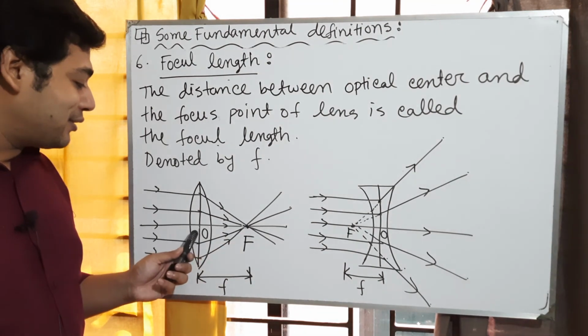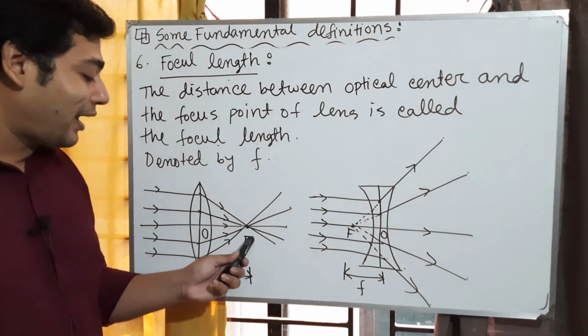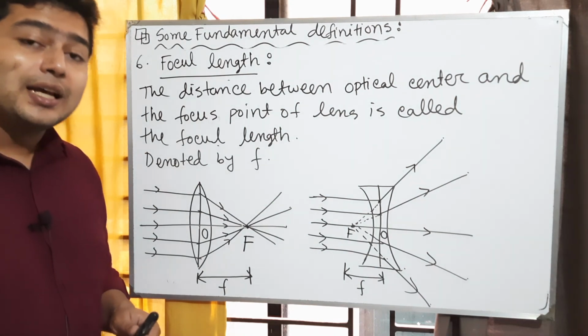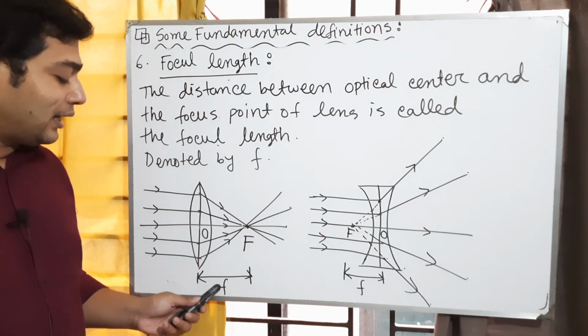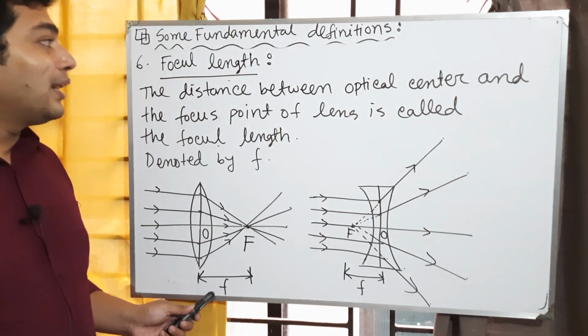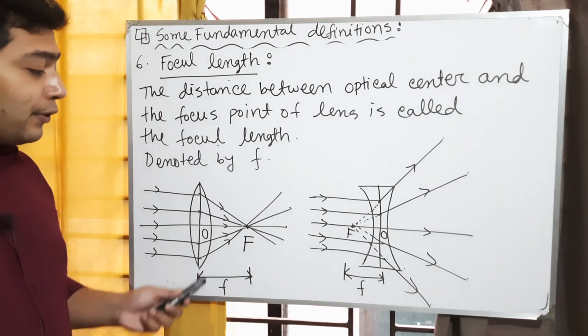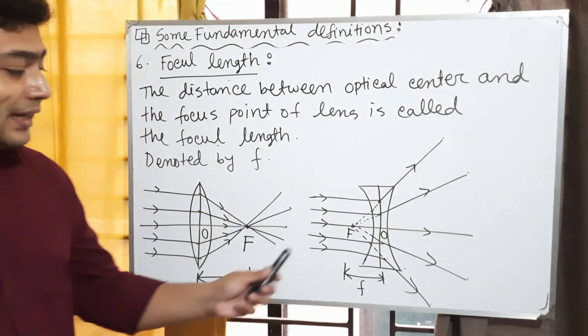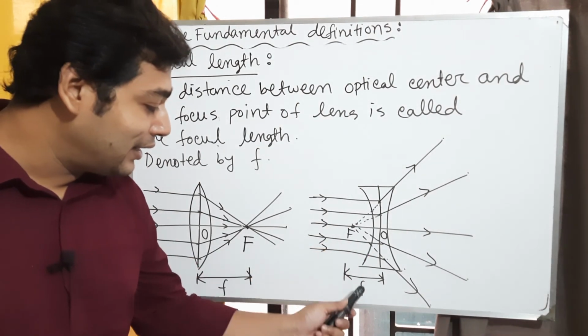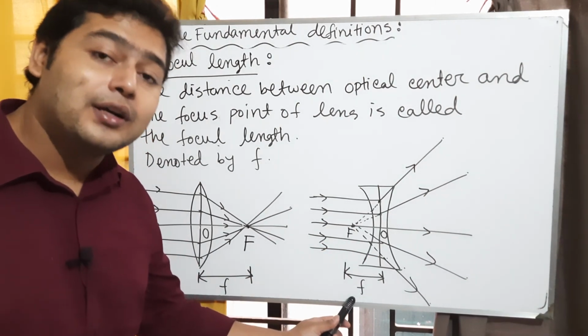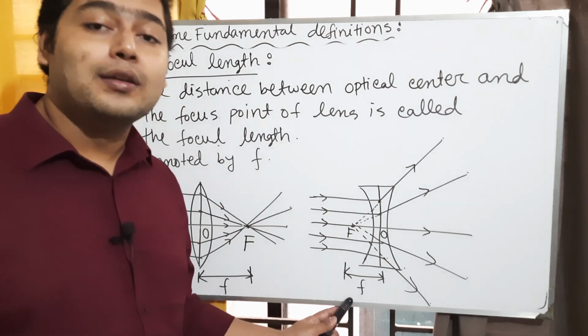The distance between this optical center and principal focus is called the focal length. Here the focal length f is for the convex lens, and here the focal length is for our concave lens.